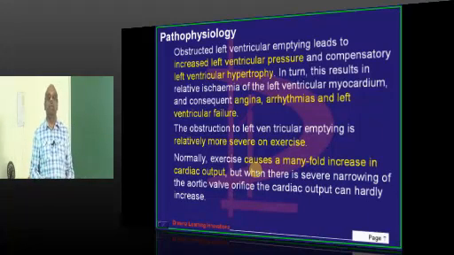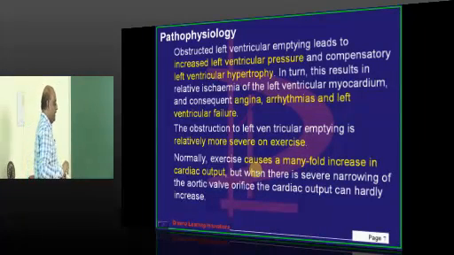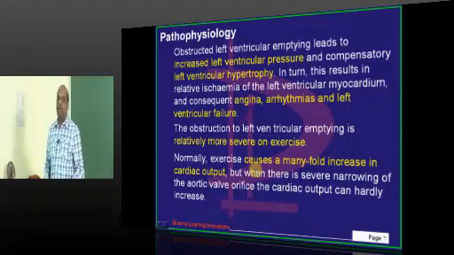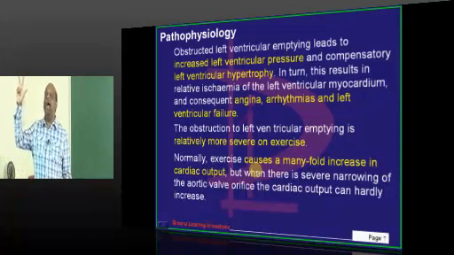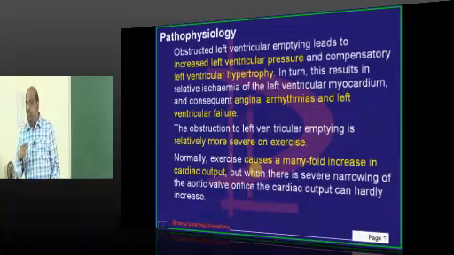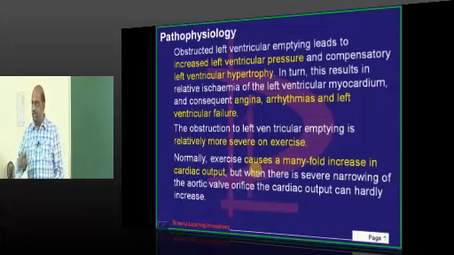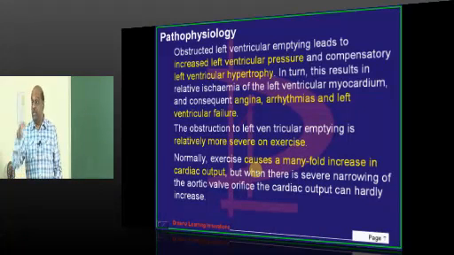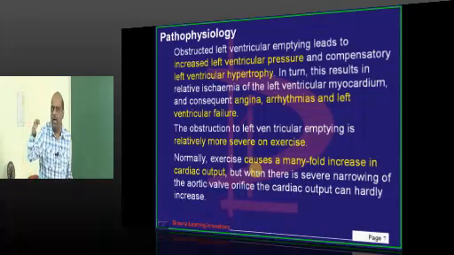So that is a problem. That's the reason the dyspnea, the angina, the syncope, which are the cardinal triad of clinical manifestations of aortic stenosis, will be more when the person is exercising, when there is more demand. The stenotic valve is a fixed cardiac output situation.